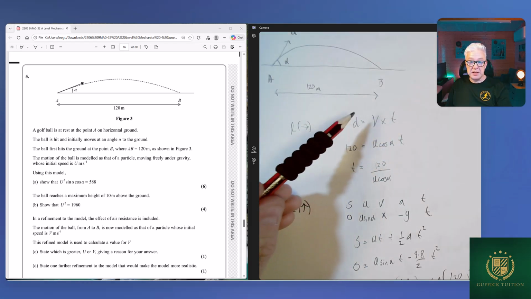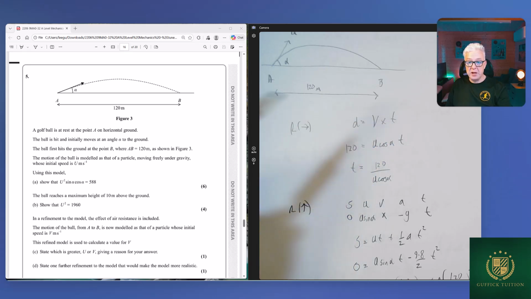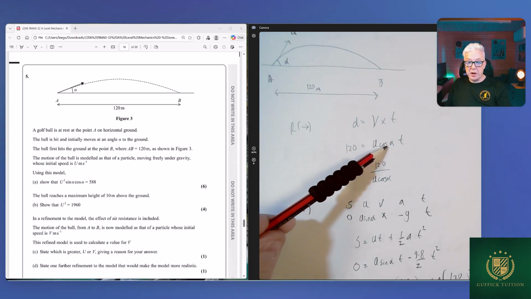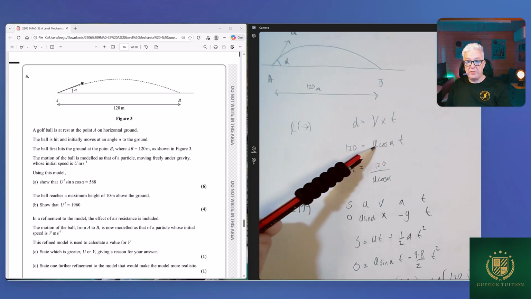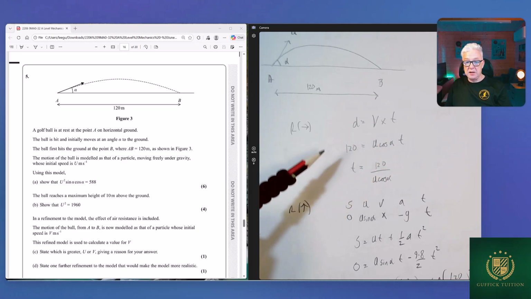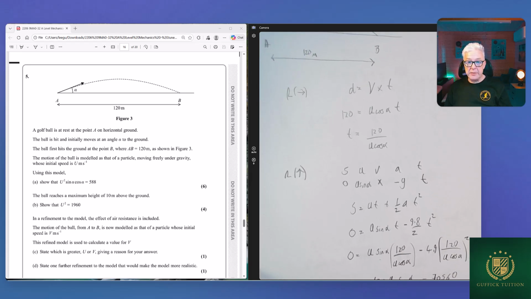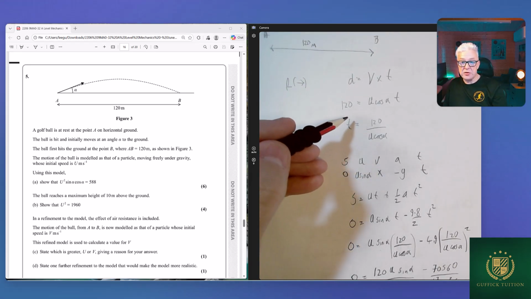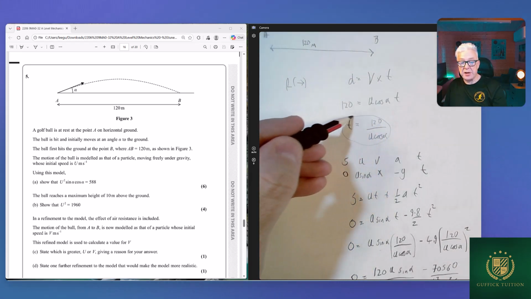So the horizontal component of the velocity is u cos alpha, the distance we're given as 120 and the time is t. So we get an equation there. And remember, as I said, we're probably going to be eliminating t, so I've just rearranged that to make t the subject there.